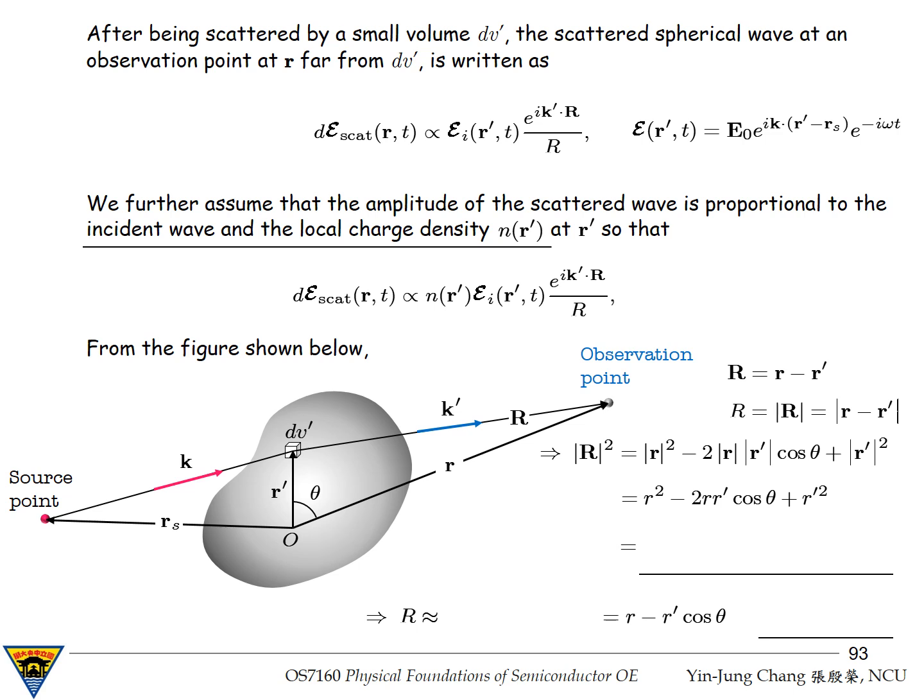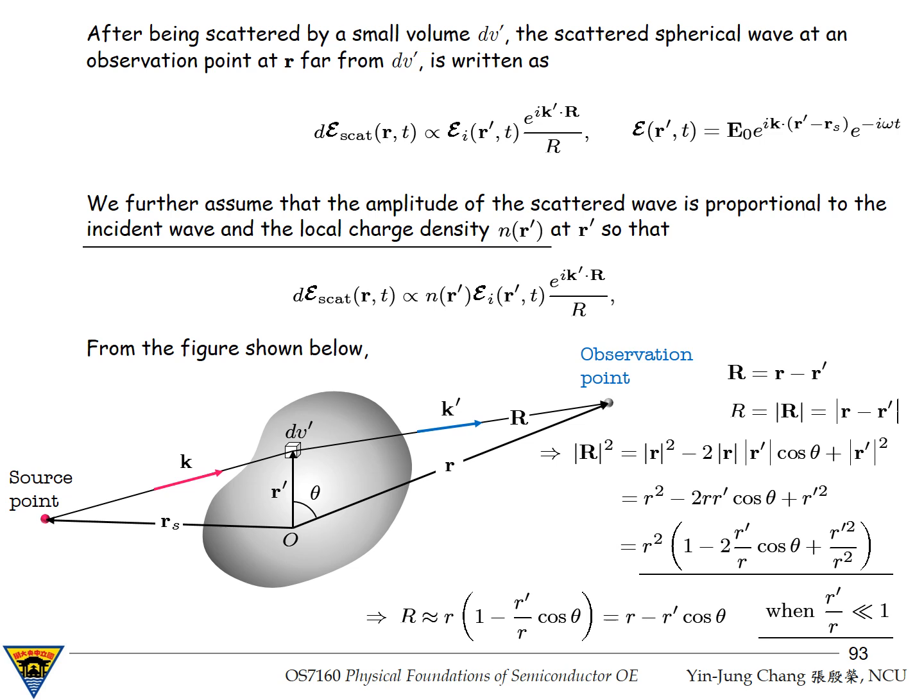The distance R from the differential volume dV prime to the observation point is given by the law of cosines for the triangle formed by lowercase r, R prime, and capital R. After rewriting the expression shown here, taking the square root of both sides and applying the binomial approximation for cases where R prime divided by r is much less than 1, the distance R can be approximated as lowercase r minus R prime times cosine theta, where theta is the angle between r and R prime.